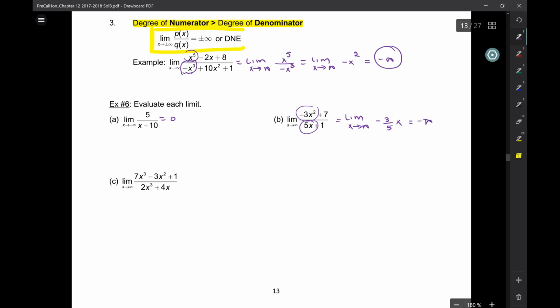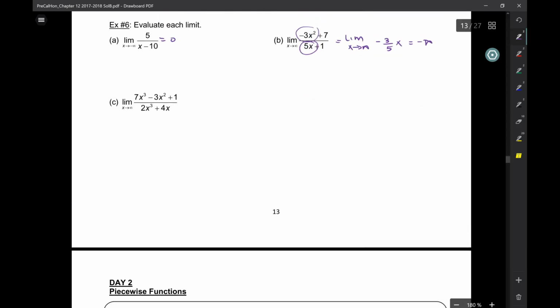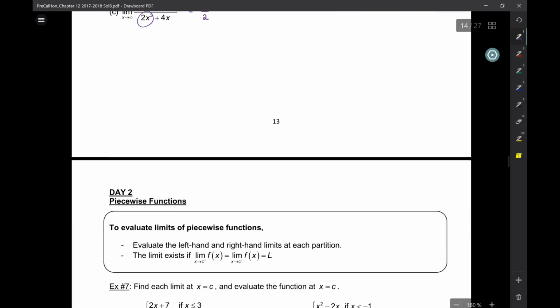Negative infinity. Right? Negative 3 over 5x, that's a line. And you know that at negative infinity, it's going to negative infinity. Here, same, 7 over 2.